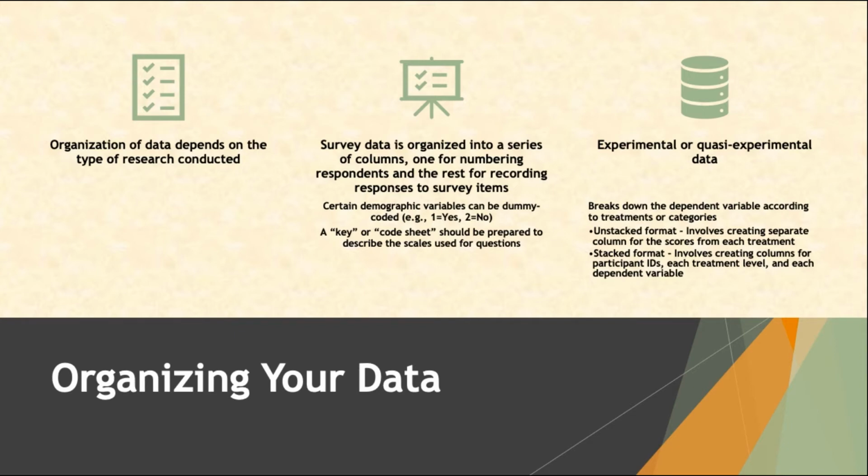To save space, the identifier over the column would be kept short. For example, certain demographic variables can be dummy coded, for example 1 or 2, or yes 1 and no 0. A key or code sheet would be prepared to describe the scale used for questions.